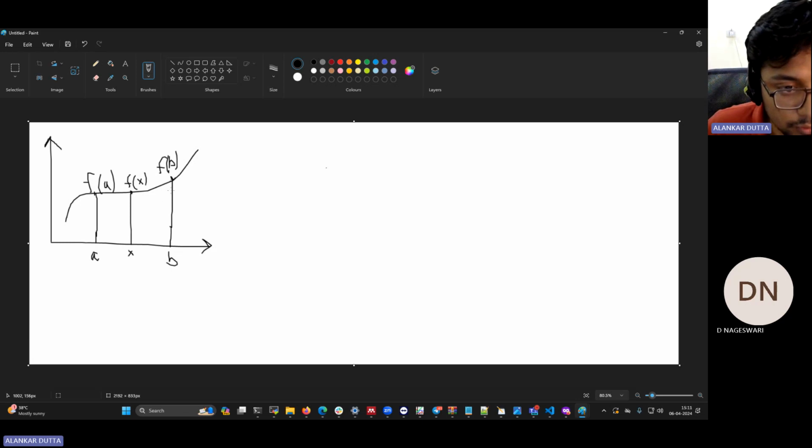So let's find out the slope of this. At a value of x, its value is y.